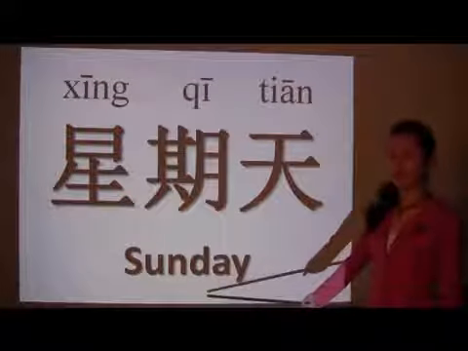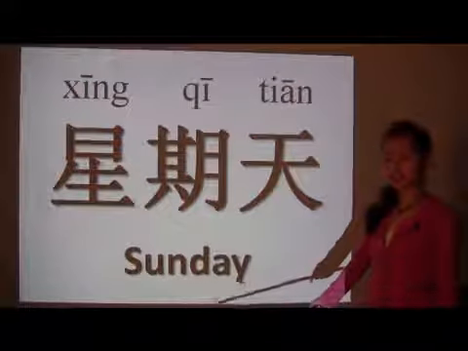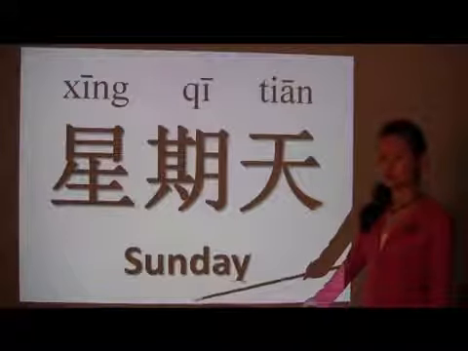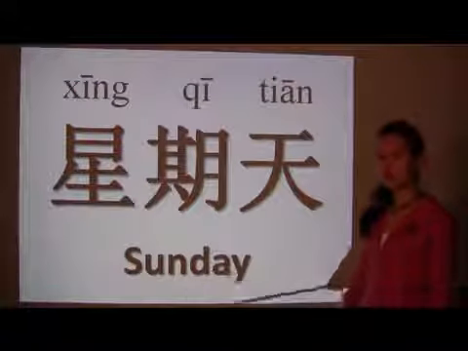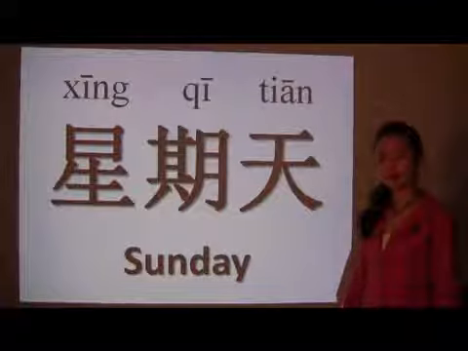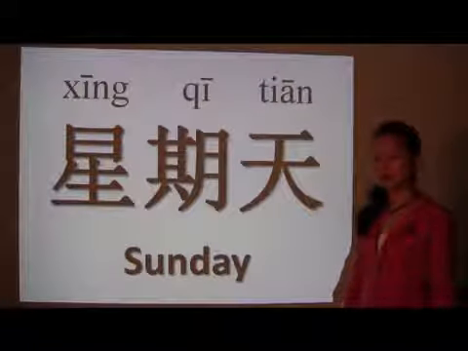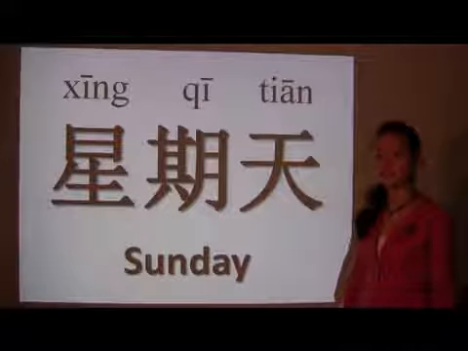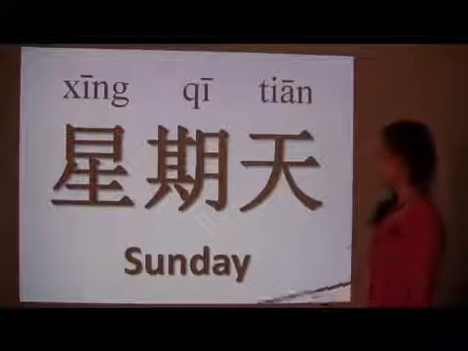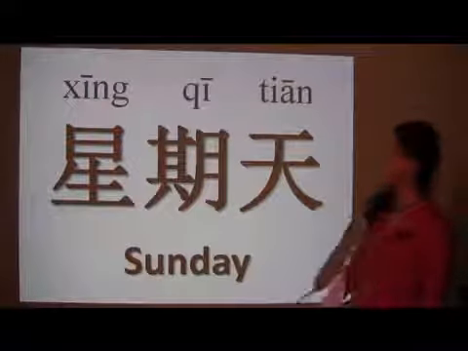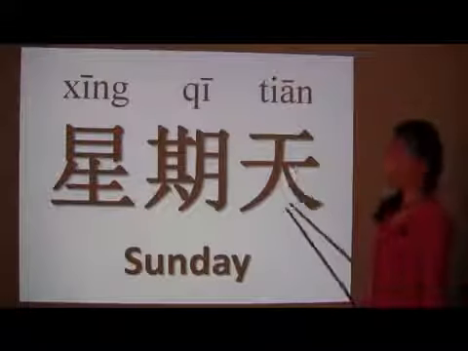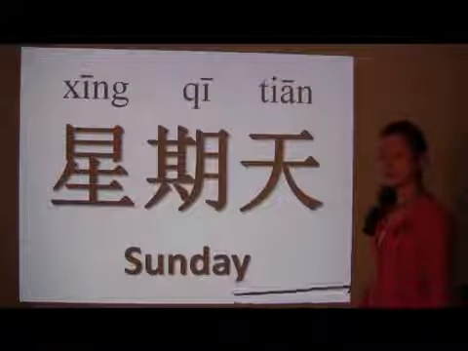You don't say 星期七 as you would assume, since 七 is 7. You can probably understand why. 星期七 just sounds odd, and you don't want to put two characters that sound the same right next to each other. So instead, we say 星期天 for Sunday.